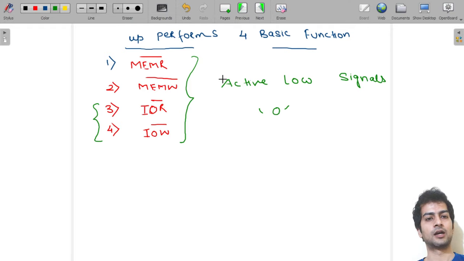Now see, we can see here that a microprocessor performs four basic functions. So for performing these four basic functions, we would have required 4 pins, but it is not like that.